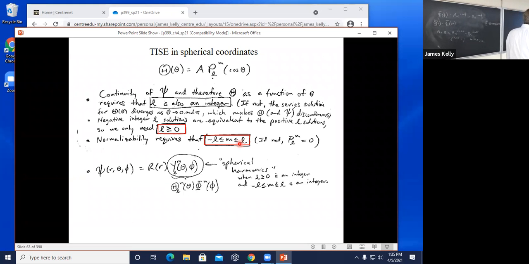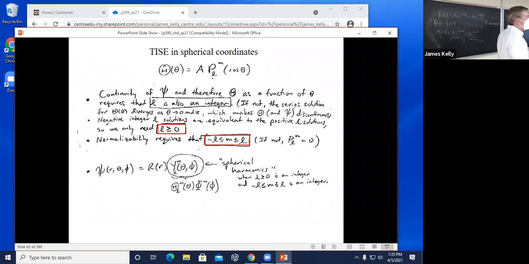Once we've solved those, with these restrictions that M and L have up there, then for those cases these functions Y, L, M are called the spherical harmonics. The L and the M correspond to the L and the M of those associated Legendre functions.